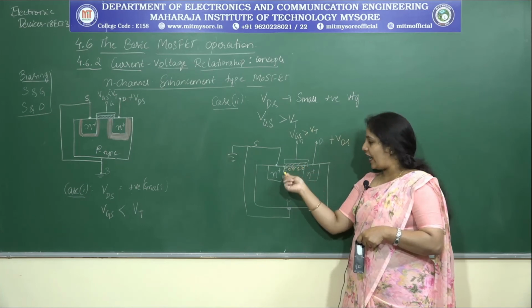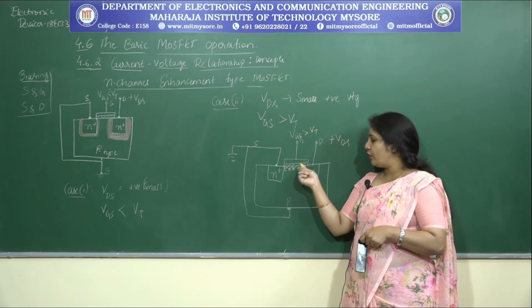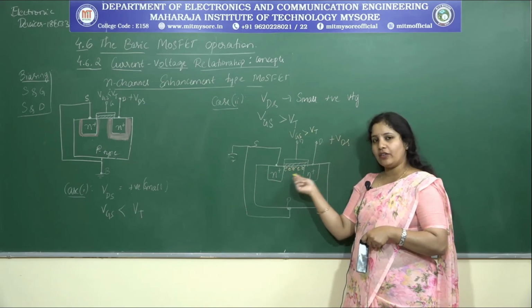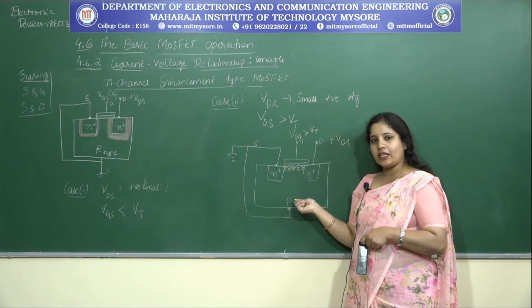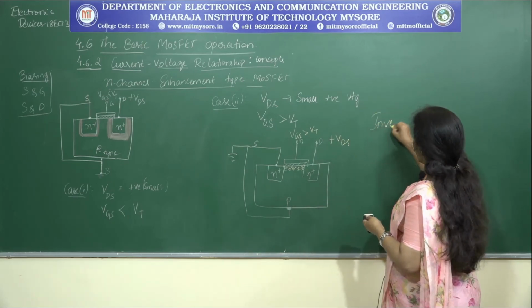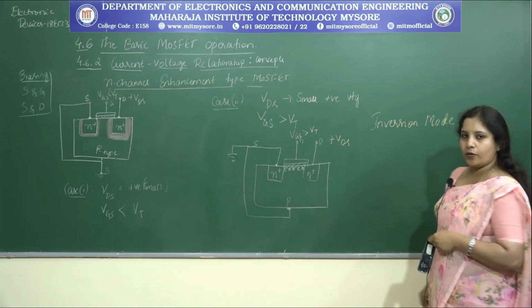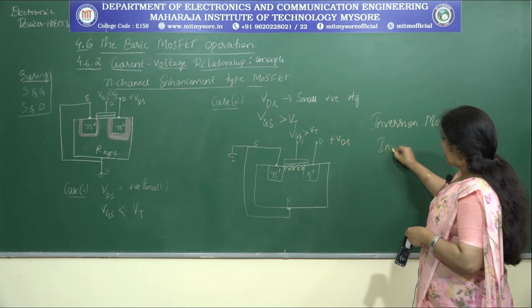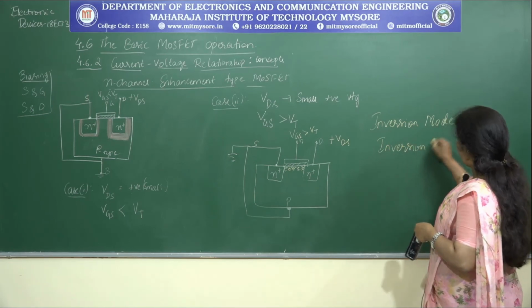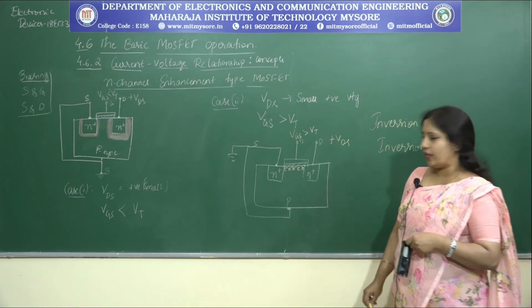This mode of operation, wherein you have created a layer totally different compared to the p-type material, is called inversion mode. And the channel layer that we have formed is called the inversion layer.